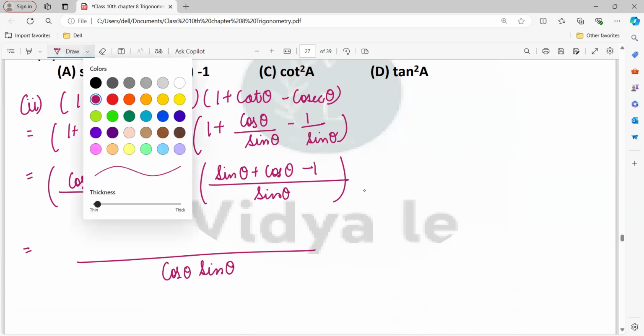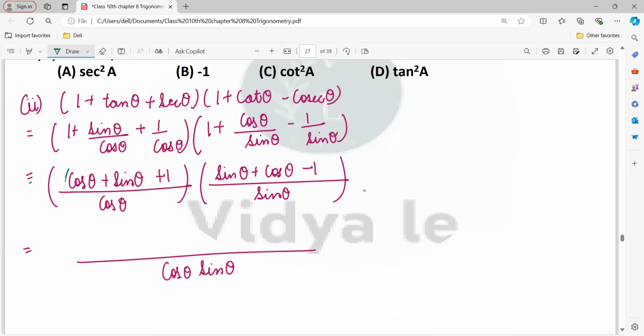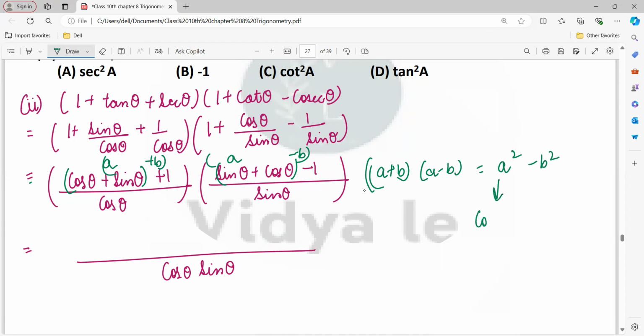Now, if we observe the terms very carefully, we can see that cos theta plus sine theta plus 1, cos theta plus sine theta minus 1, that is A plus B into A minus B, right? So we can use the identity A plus B into A minus B is equal to A square minus B square, where A is cos theta plus sine theta and B is 1.